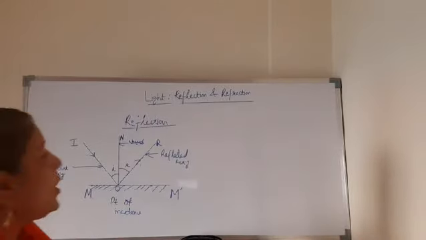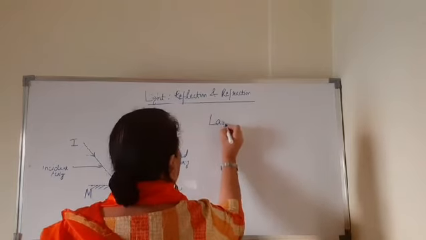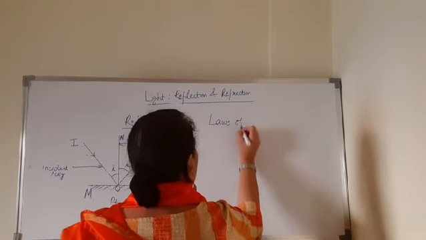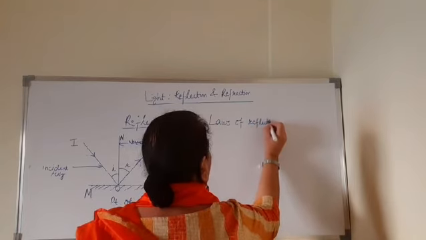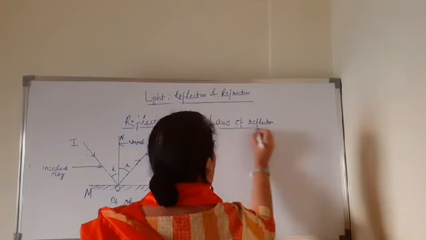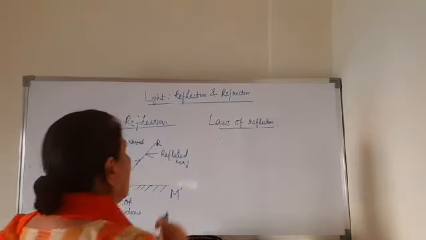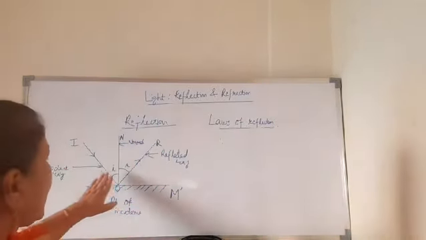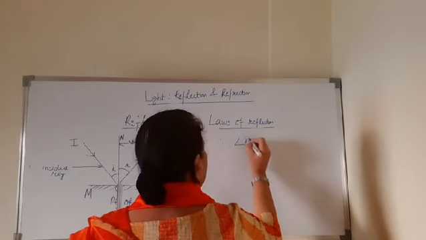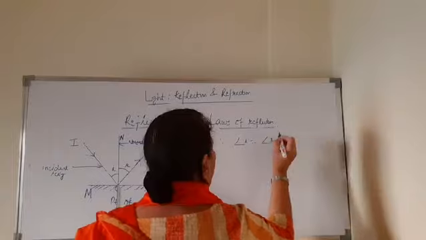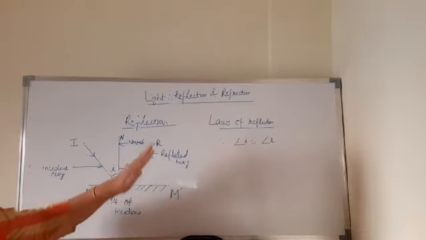So what are the laws of reflection? 1. Angle I is equal to angle R. That is, angle of incidence is always equal to angle of reflection.